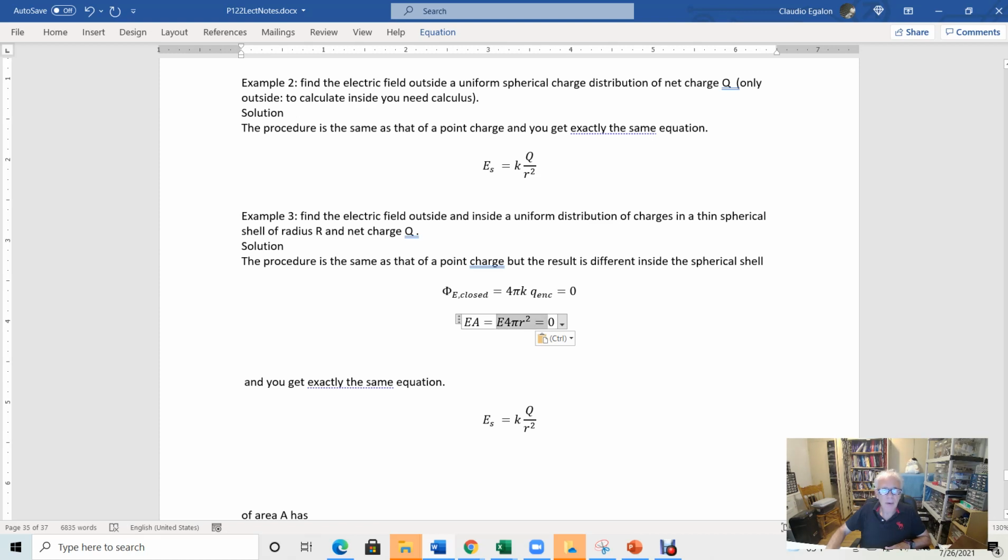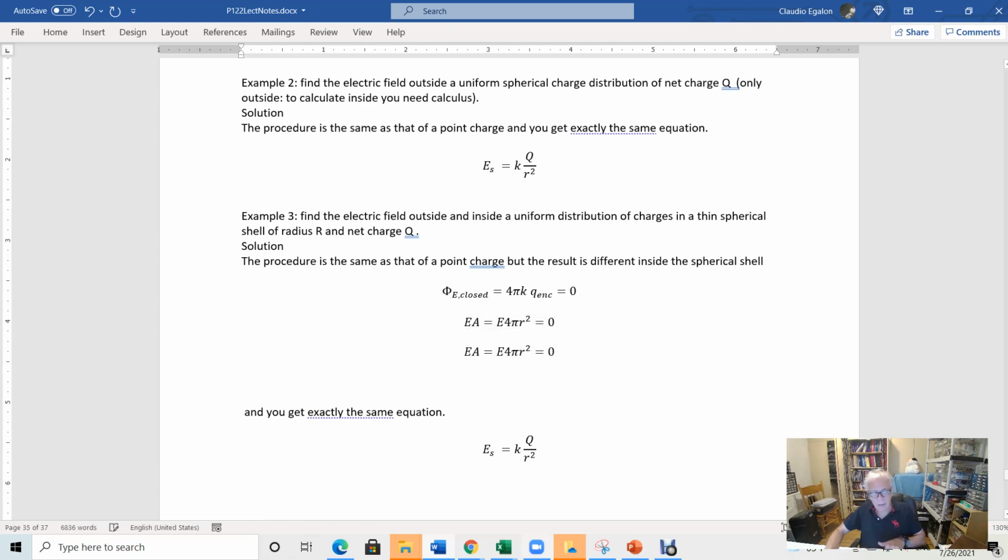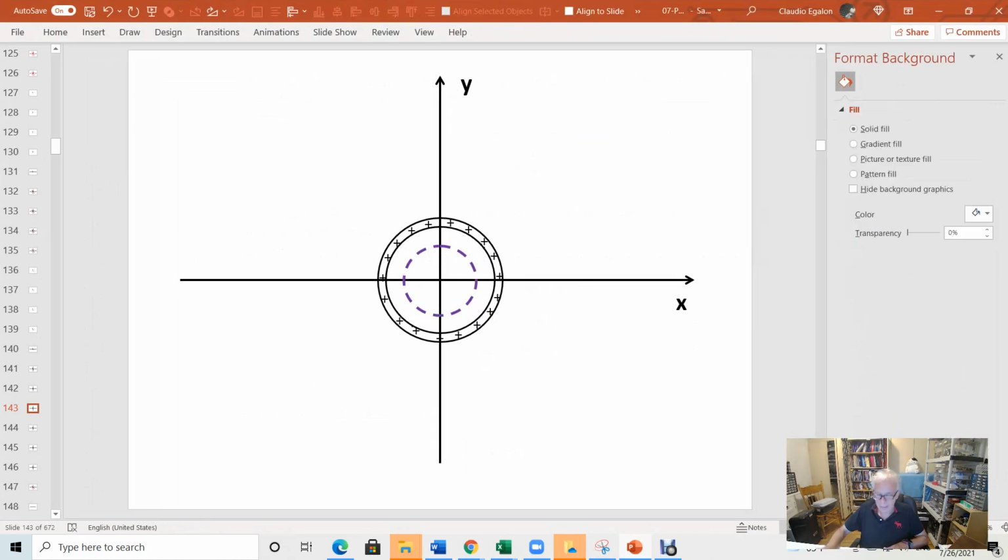But this equation must be equal to 0. r is not 0. 4 is not 0. Pi is not 0. So what does it mean? It means that E must be 0. Okay? r is a finite number. I illustrated the lowercase r here.